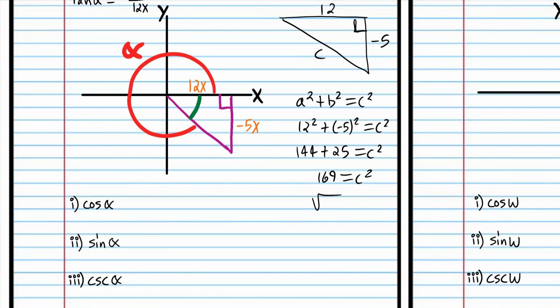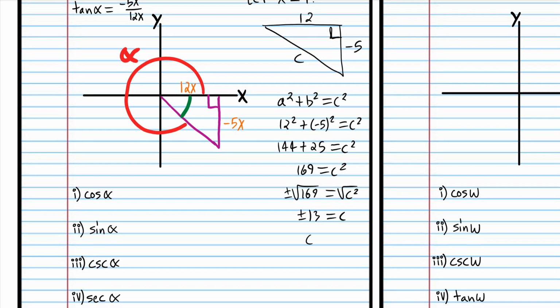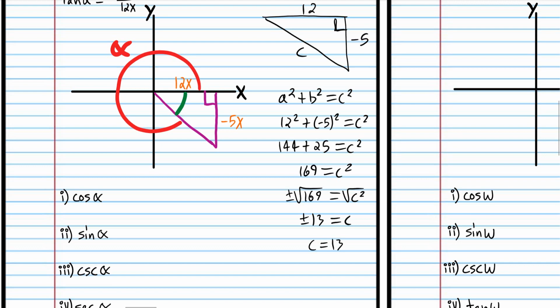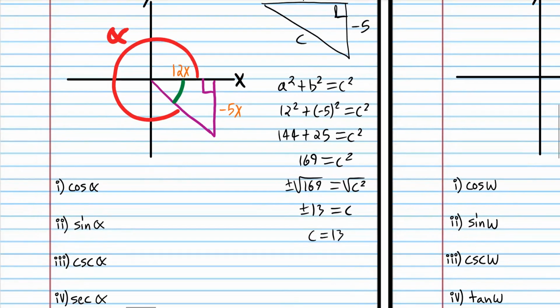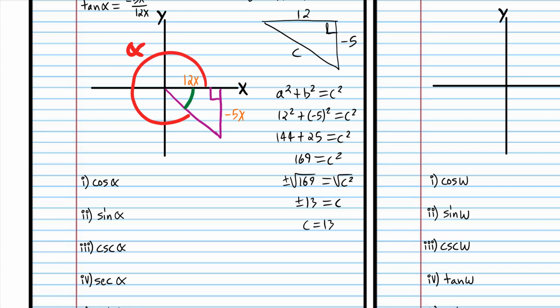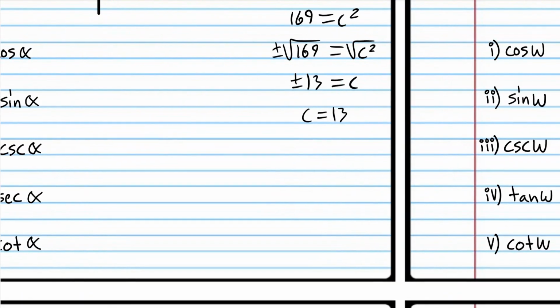We're going to square root both sides. Remember, you always have to write a plus or minus symbol when you square root both sides, even though we know that the hypotenuse must be positive. Remember, the hypotenuse is always defined to be positive, so we can change our final answer in that equation to positive 13. So now we know that the hypotenuse is 13, so we can draw our final triangle.